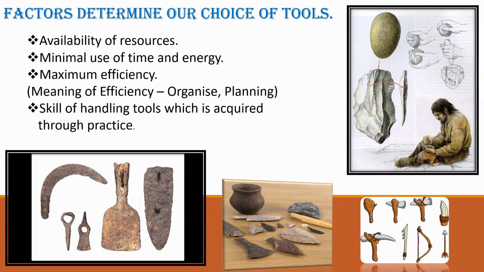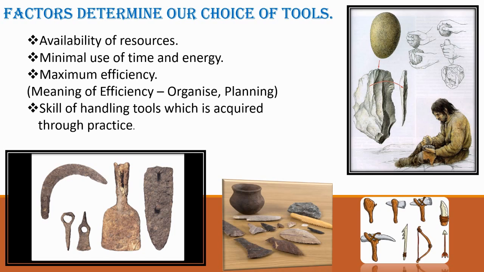Factors determine our choice of tools. So students, here you can learn what were the factors which determined the choice of tools for Stone Age men. First was the availability of resources.